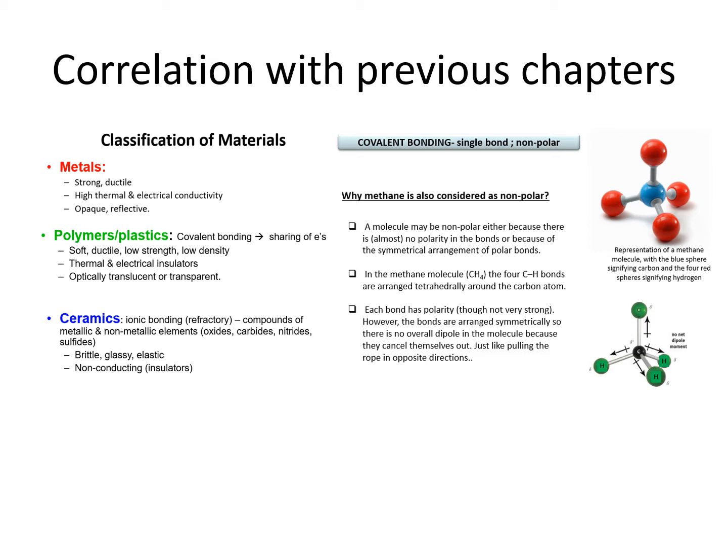The correlation with the previous chapters that is related to polymers is in terms of the classification of materials. This would have already been introduced to you at the beginning of the course, whereby we know that there are three main classes of materials, which are metals, polymers, and ceramics, besides the fourth one, which is composites.